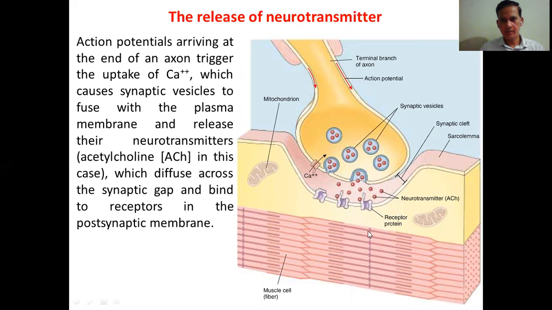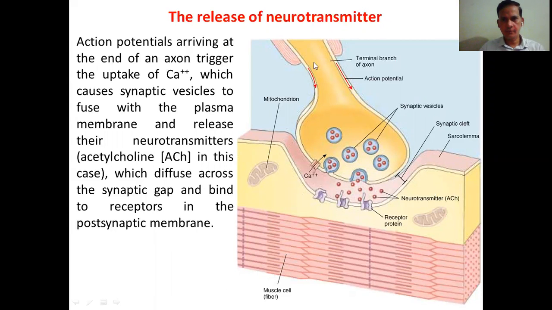So here, this is the muscle fiber. This muscle fiber has a lot of protein receptors. These receptors are specifically designed for identifying, or for binding of, the neurotransmitter acetylcholine.